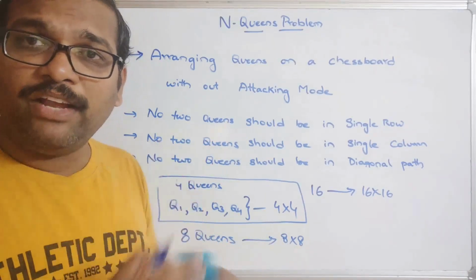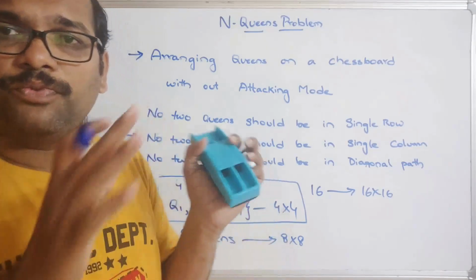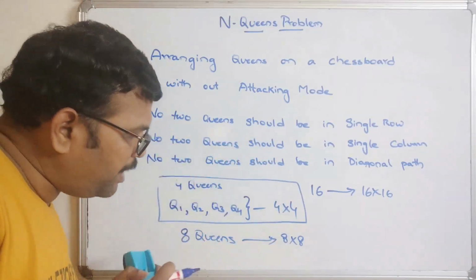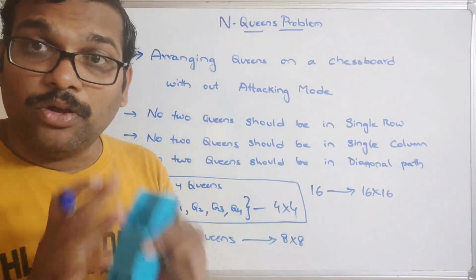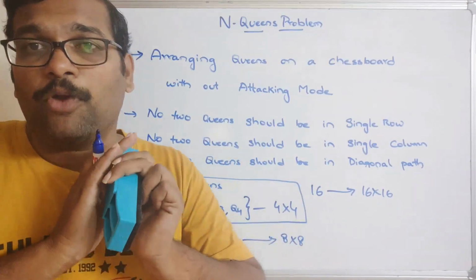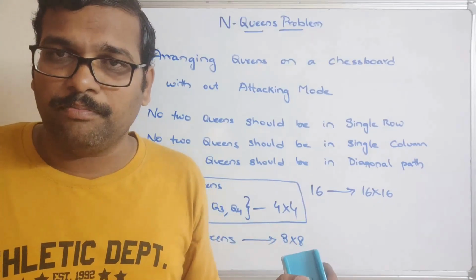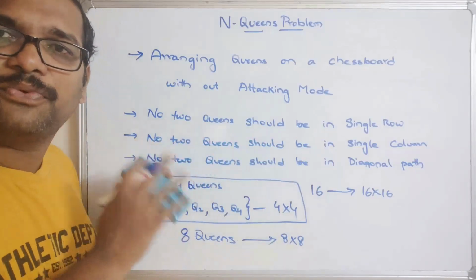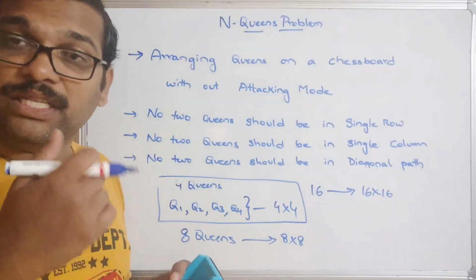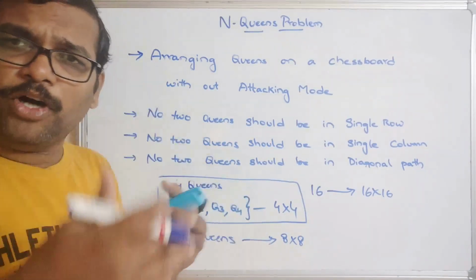That means whatever it may be, the source element will be reaching the destination. So it is not optimal. I'm not talking about the optimal solution, the best solution, right? All the feasible solutions are the answers for this n queens problem by using backtracking. So there will be a number of possibilities.